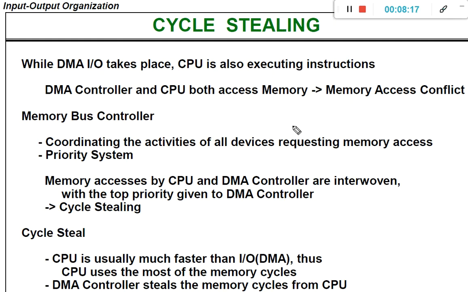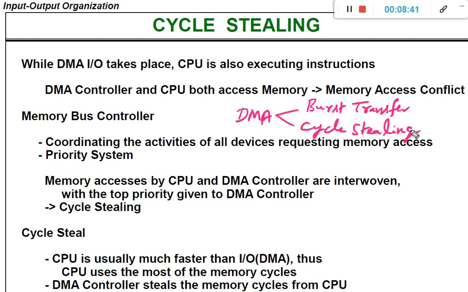When the DMA takes overall control of the data transmission between the IO device and the memory, there are two ways of data transmission. The first way is burst transfer, and the second way is cycle stealing.